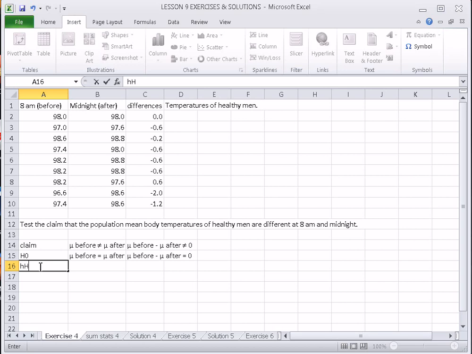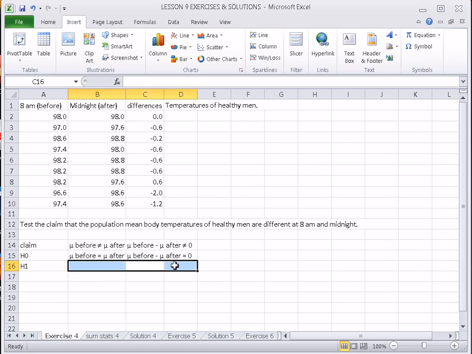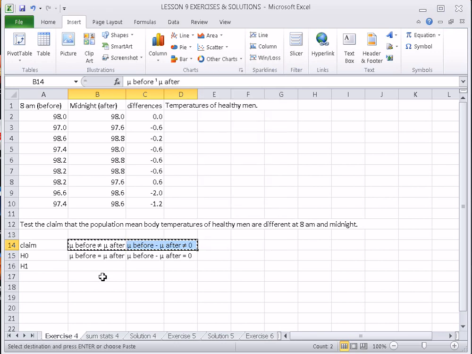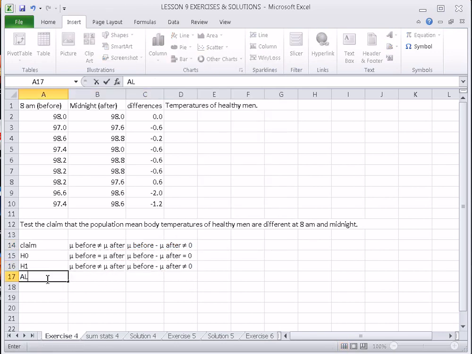And the alternative hypothesis is the exact same thing as the claim, so we'll just copy that. Again, I'm going to use an alpha of 0.05. When I have small data sets, I like to use 0.05. Bigger data sets, I will use 0.1.